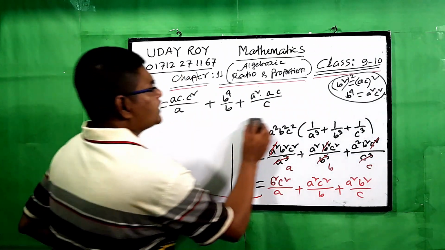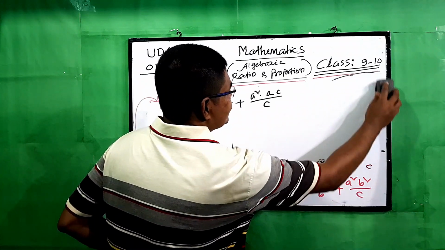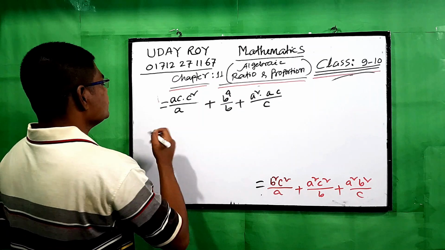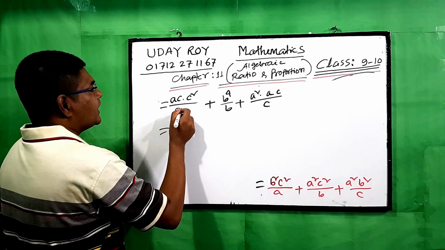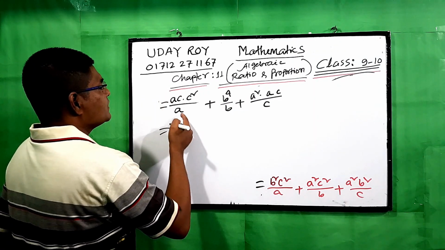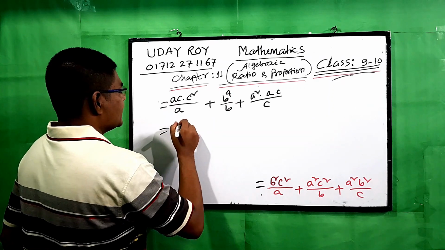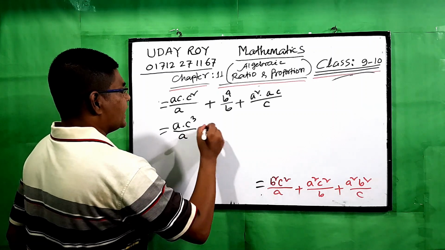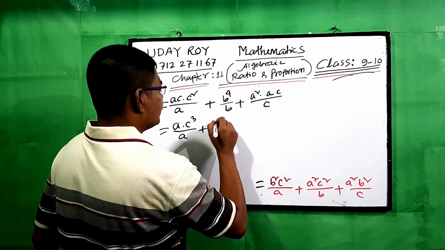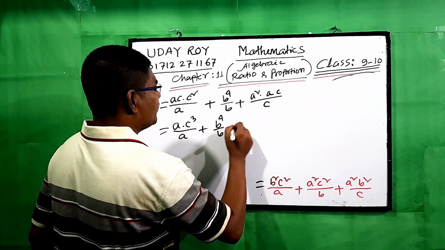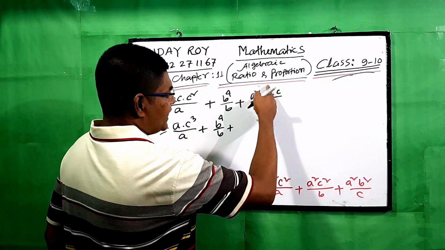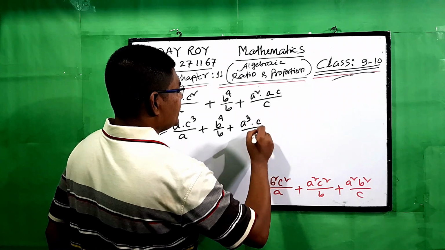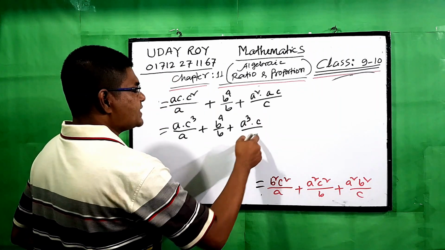So we can solve the maths easily. Follow here. Here is a, here is a. So just a into c square, c cube by a, b to the power 4 by b, a square into a. So here is a cube into c divided by c.